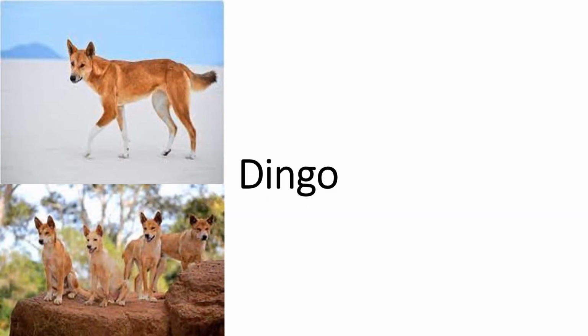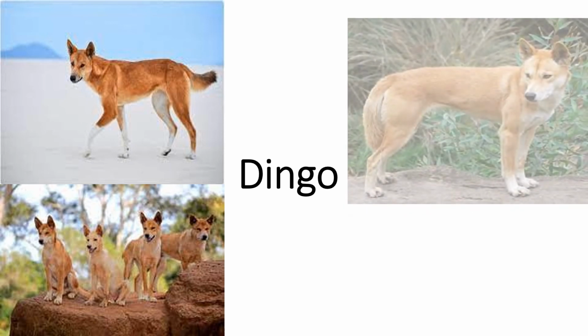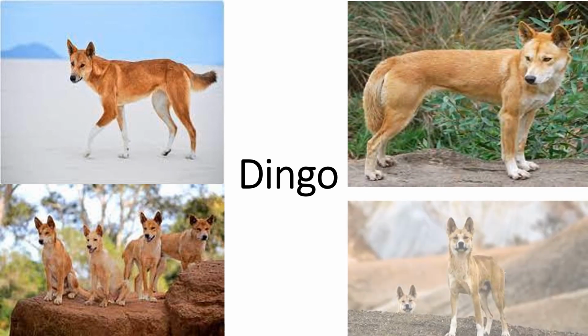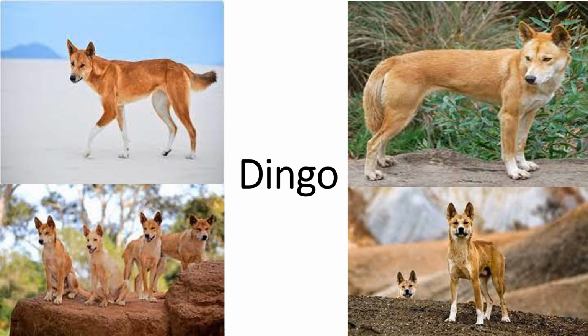Dingo is like a dog, but it's not a dog. It just looks like a dog, and this dingo lives in Australia. So it's called dingo. It's not a dog, class. It's not a dog or a fox. It's called dingo. It's different from a dog.